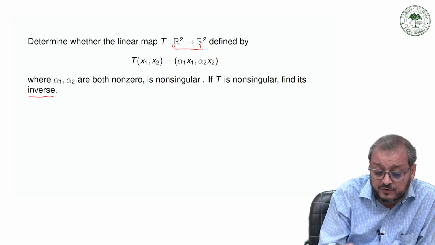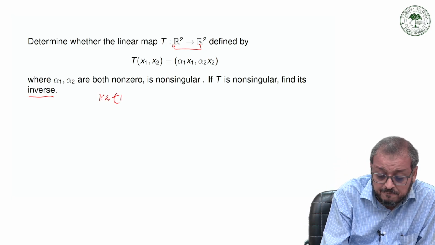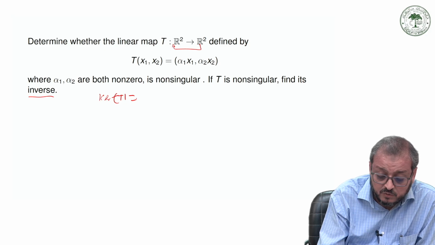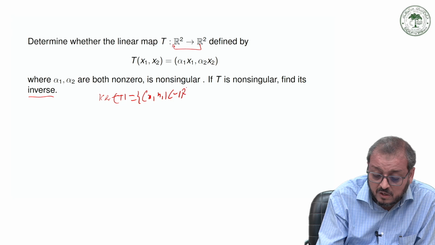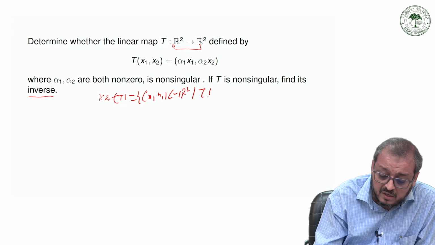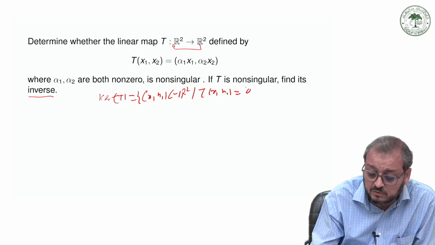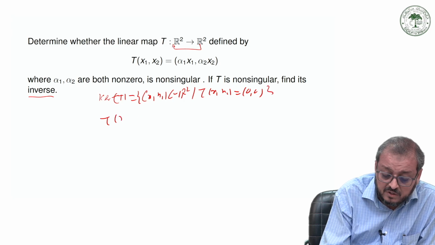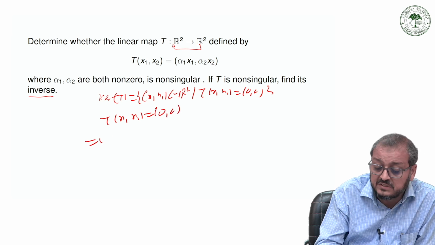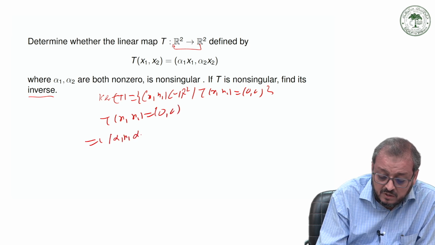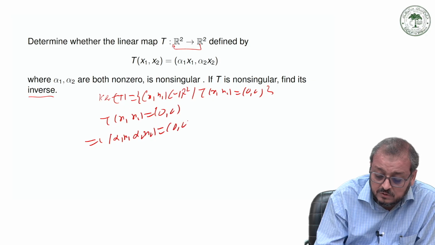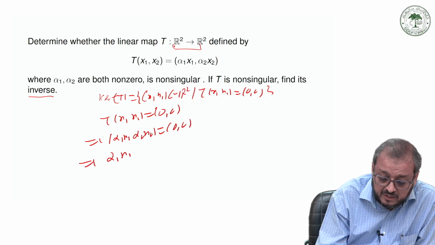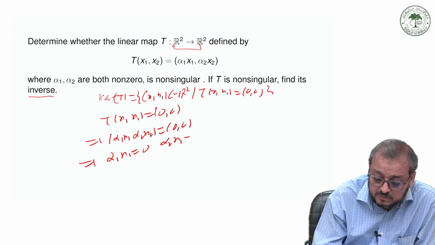Okay, so first we have to find the kernel of this T. The kernel of T is the set of (x1, x2) belonging to R2 such that T of (x1, x2) is equal to (0, 0). By the definition, T of (x1, x2) equals (0, 0) implies that (alpha 1 x1, alpha 2 x2) equals (0, 0), so alpha 1 x1 is equal to 0 and alpha 2 x2 is equal to 0.